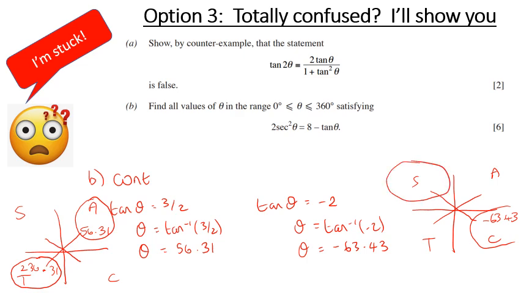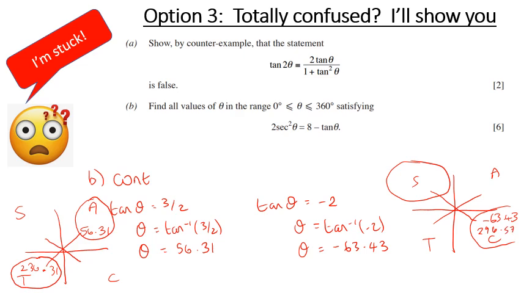There's already a value in the C quadrant, but it's not the one I want because it's not in the range. So I'm going to work out another one now to put into that C quadrant. I'm just typing in on the calculator 360 take away 63.43, and it gives me 296.57. So that's better because it's in the range.